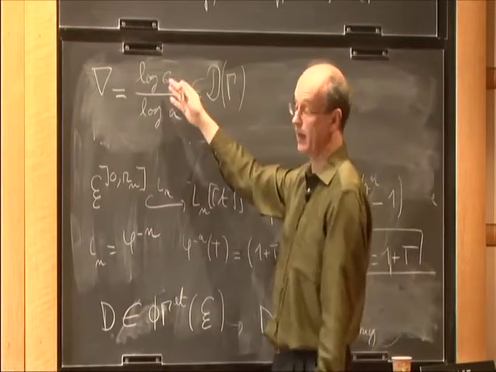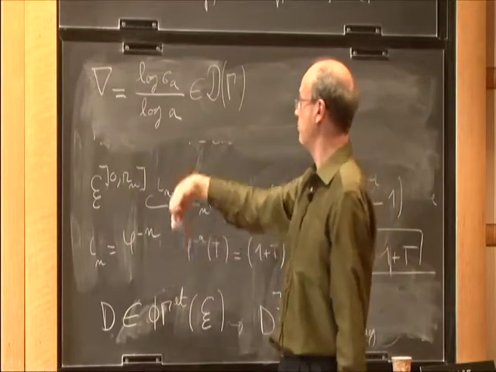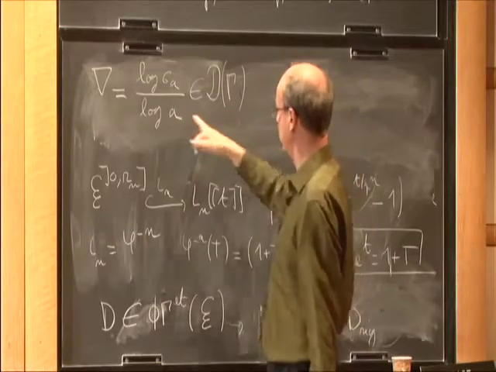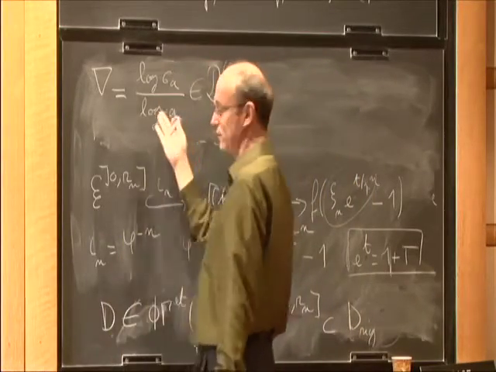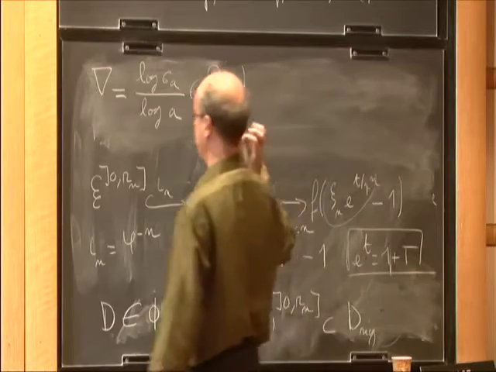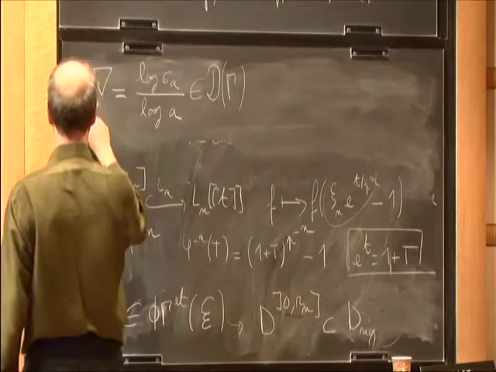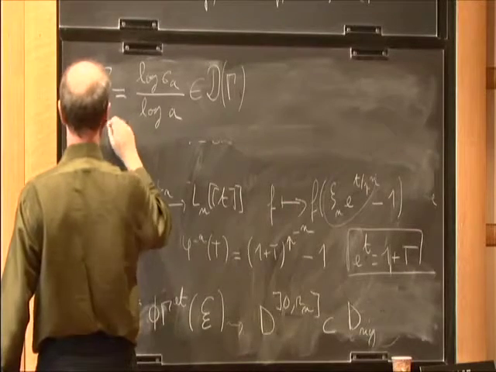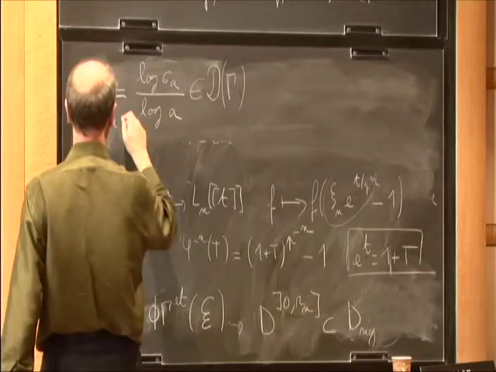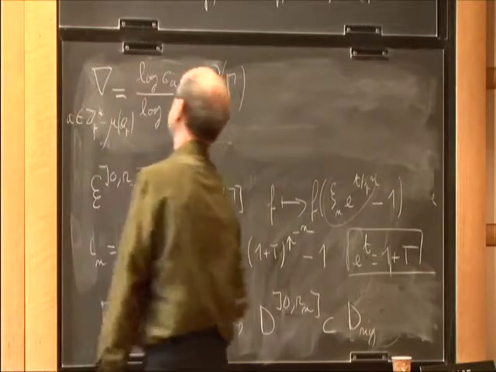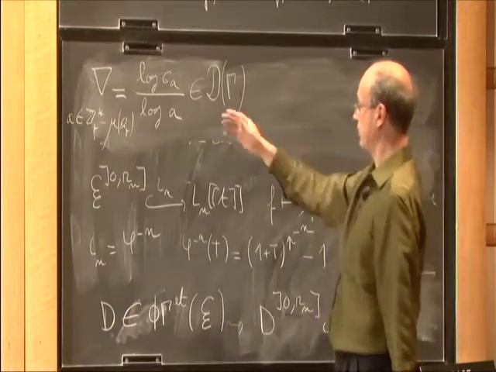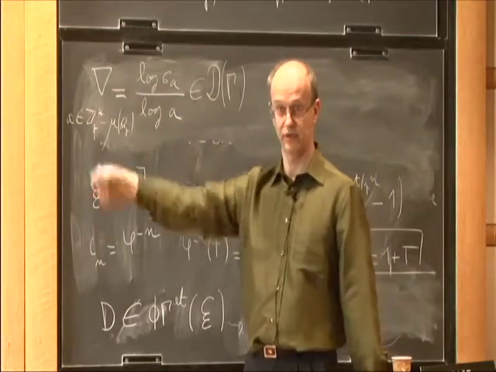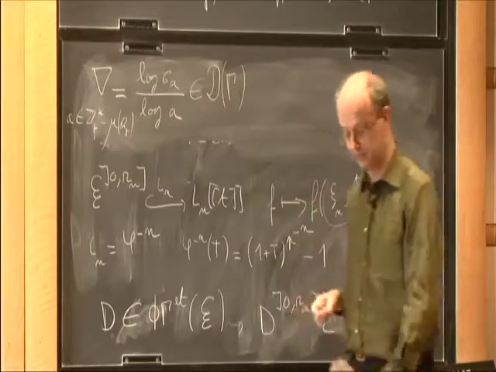Log of sigma_a just means that you take the power series for the log in sigma_a minus 1. And you take some a which is not a root of unity, otherwise you're going to get something which is not defined. So you take any a in Z_p^*, not a root of unity, minus mu of Q_p. So you get an element which does not depend on a, and it's just the infinitesimal action of your one parameter Lie group Z_p^*.